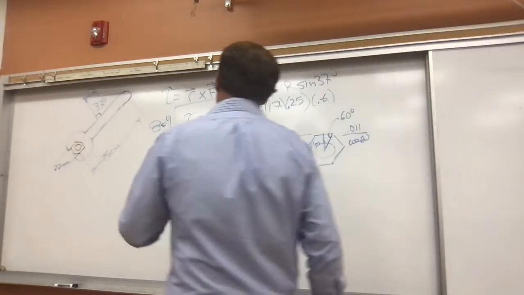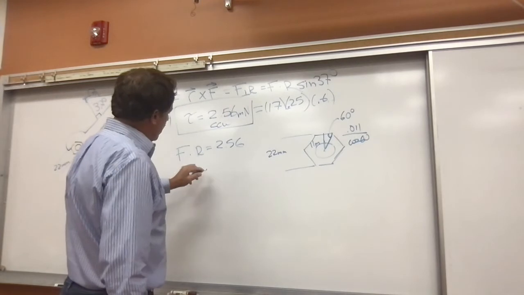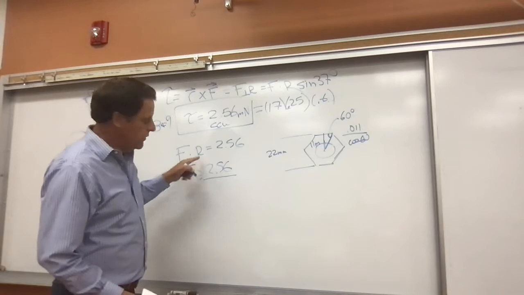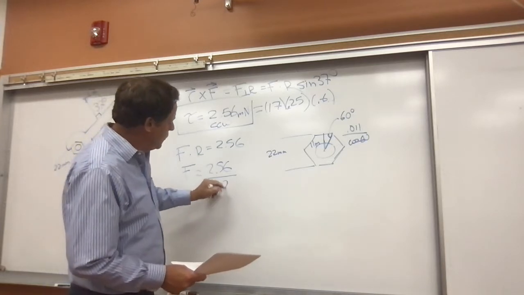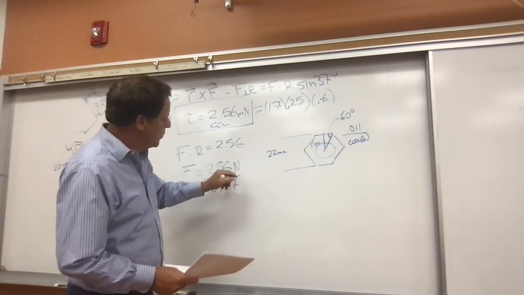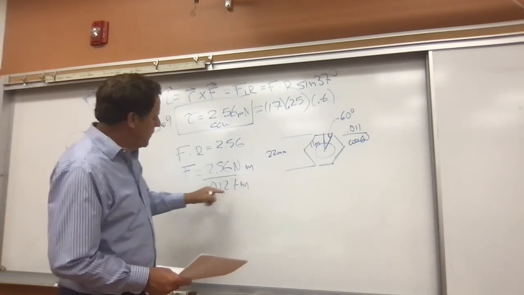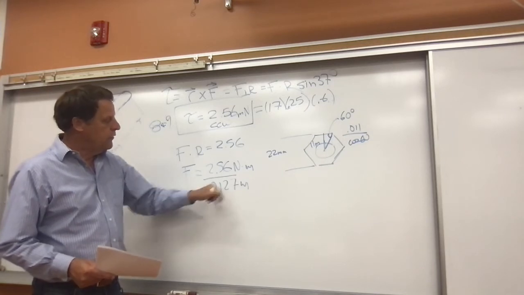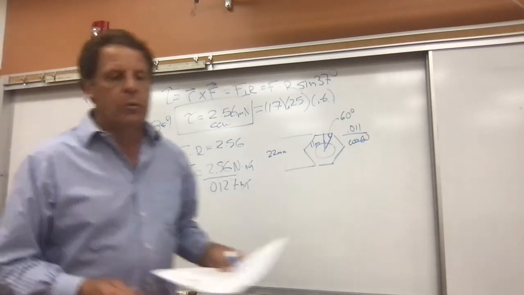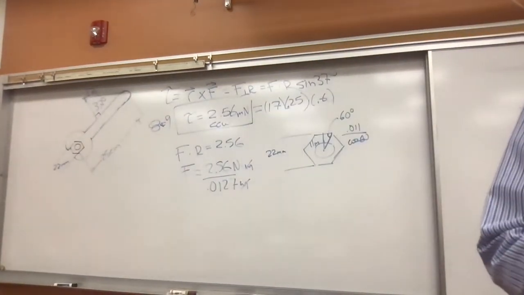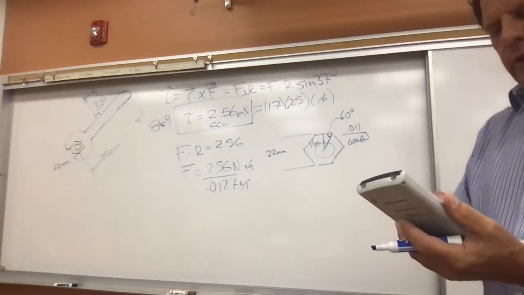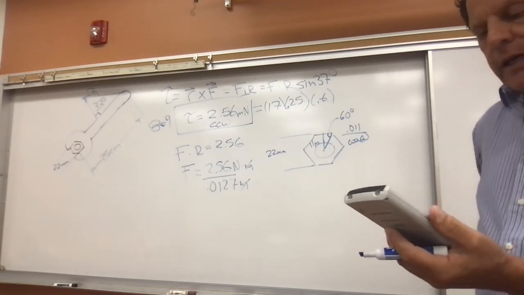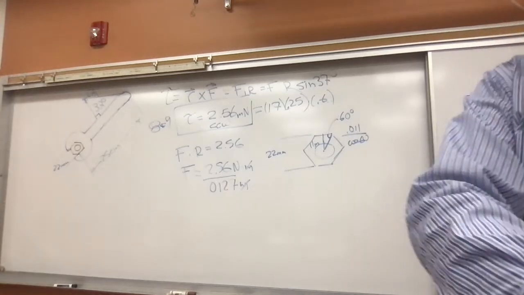Okay, so now our effective force is going to be 2.56 divided by the radius, which is 0.0127, because this was newton meters and this is 12.7 millimeters, and therefore those m's are going to cancel out. So we're going to get 2.56 divided by 0.0127, and we're going to get a whopping 202.